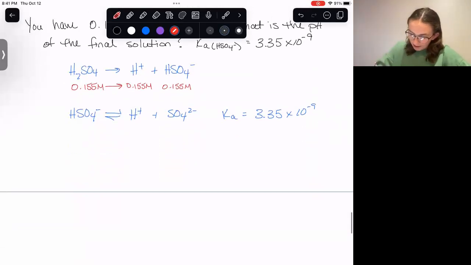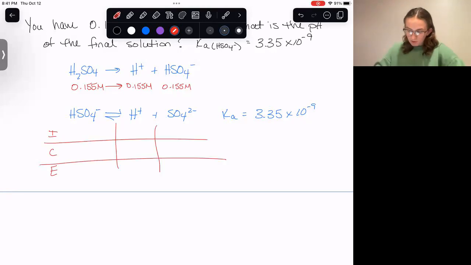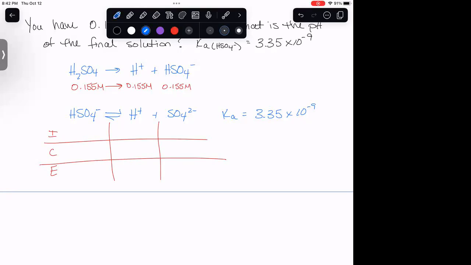This then turns into your equilibrium. So if we want to write our ICE table for this reaction here, what's our starting concentration for our HSO4 minus? 0.155 molar.